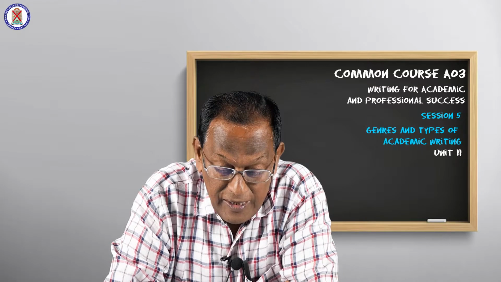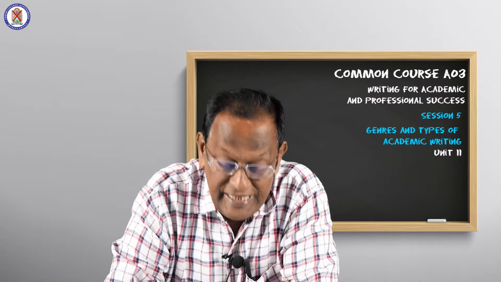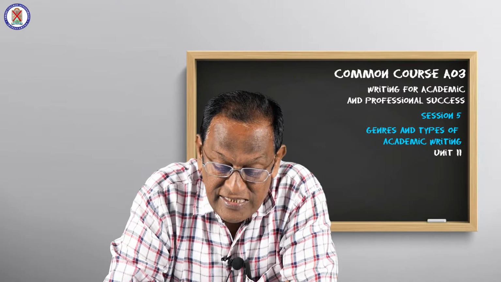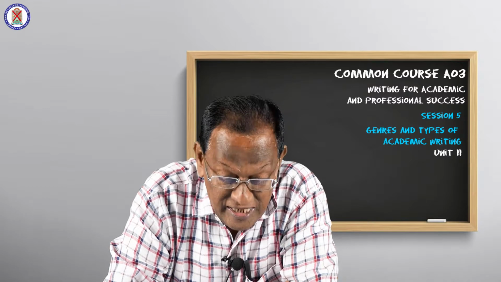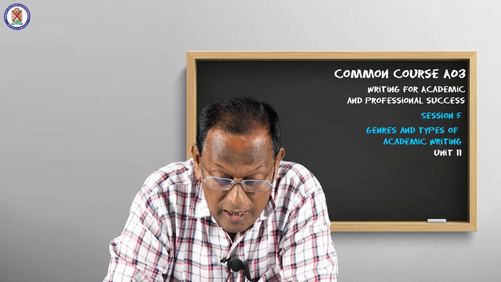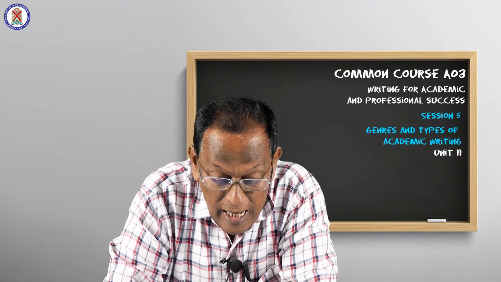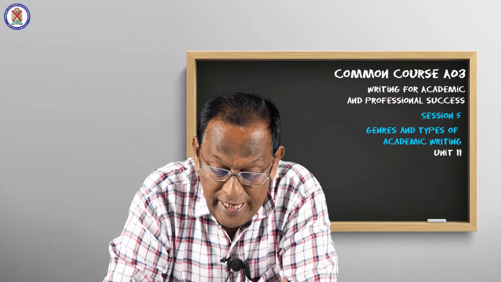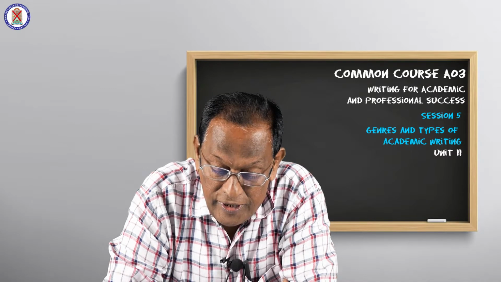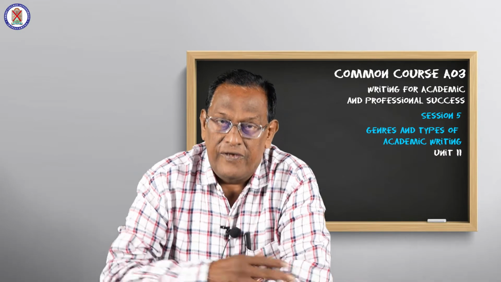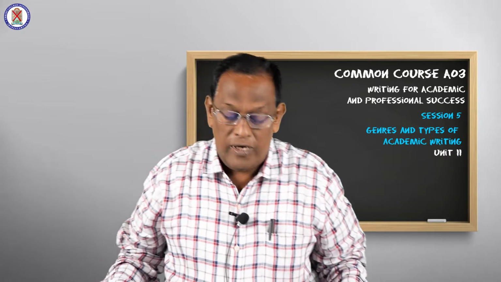This kind of writing brings out the strengths and weaknesses of an existing research. It contains elements of persuasion, and presents more than one point of view, including the writer's view. Now, that is one approach.